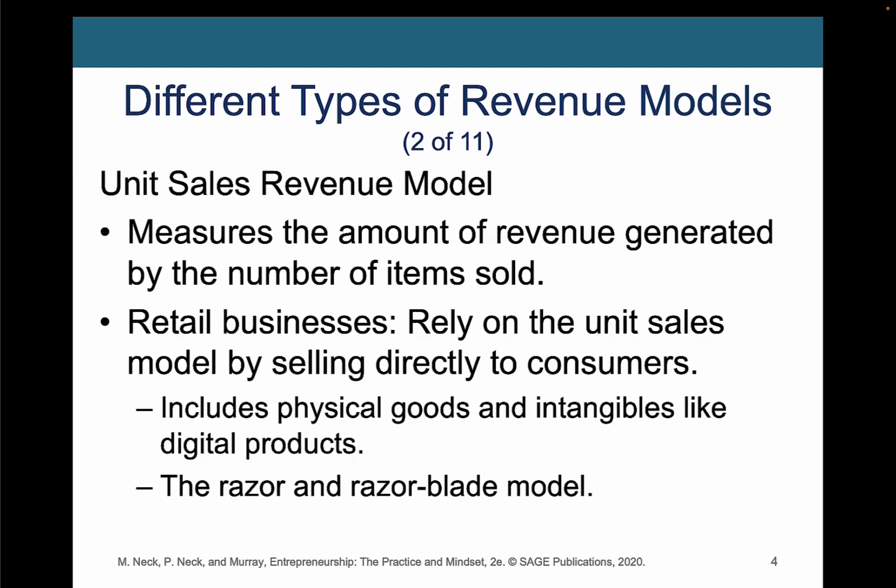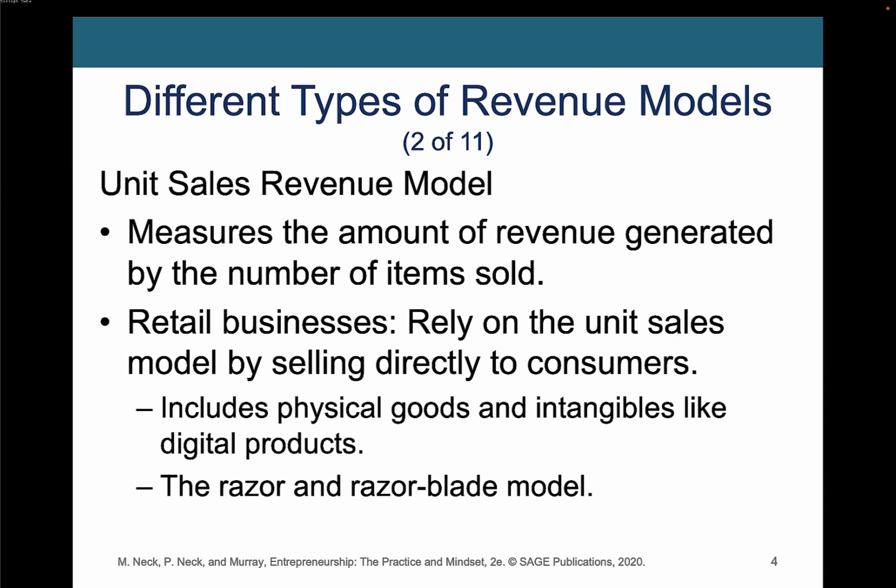So the first one is the unit sales revenue model. This one measures the amount of revenue generated by the number of items sold. Think about any typical retail business. You walk into Walmart or any other major retail company, or some small mom and pop shop, and they have tangible products up for sale that you can buy.